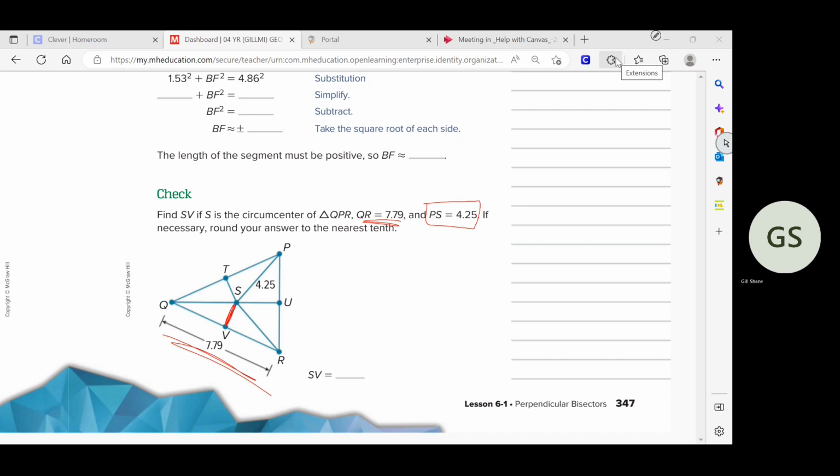You ready? All right. That page, that's all. Awesome.